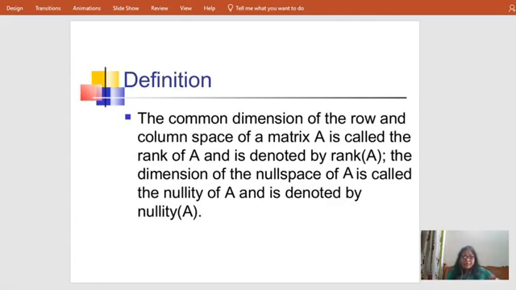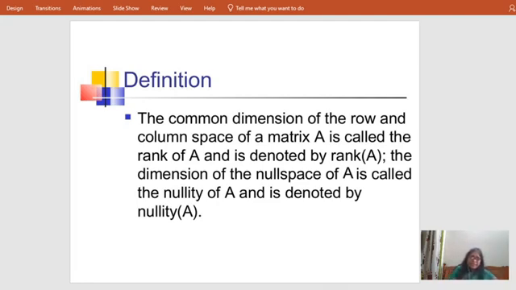The common dimension of the row and the column space of a matrix is called the rank of A. So, the dimension of the row space of a matrix and the dimension of the column space of the matrix are the same. That is what we have discussed in the last slide.